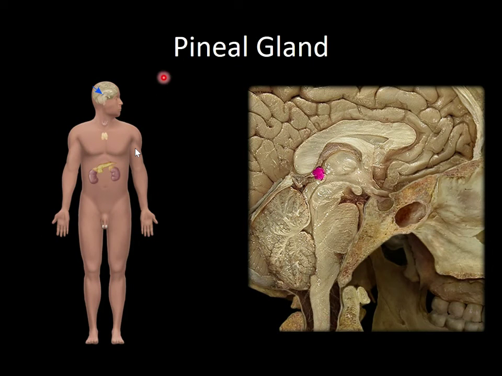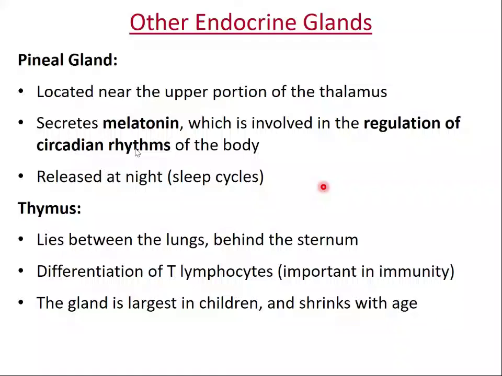Let's look at the pineal gland. The pineal gland is this very small gland that is part of the diencephalon above the midbrain, as we can see here. It is located on the upper portion of the thalamus. It secretes a hormone known as melatonin.